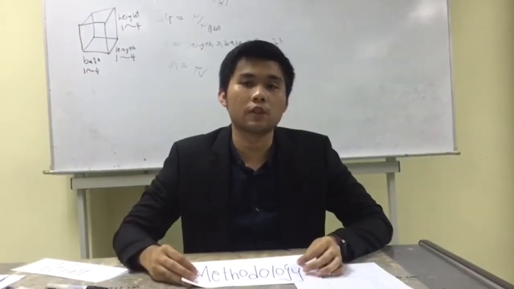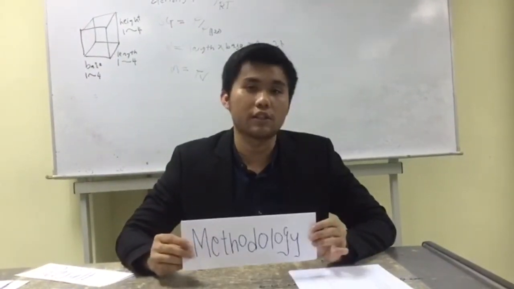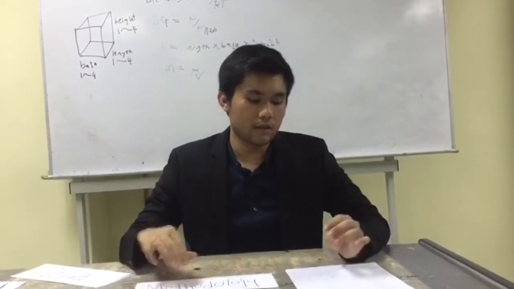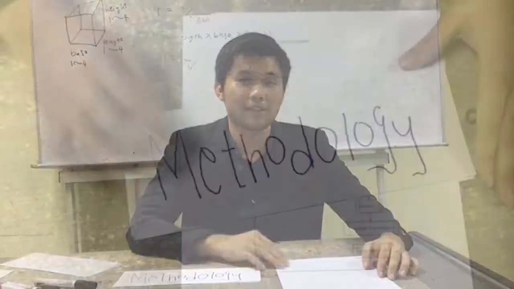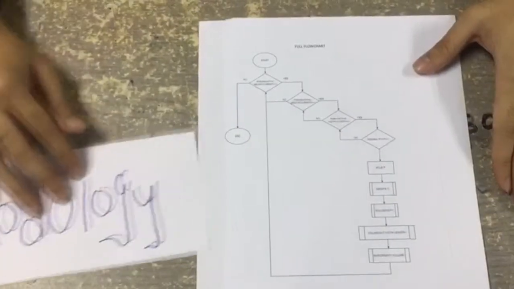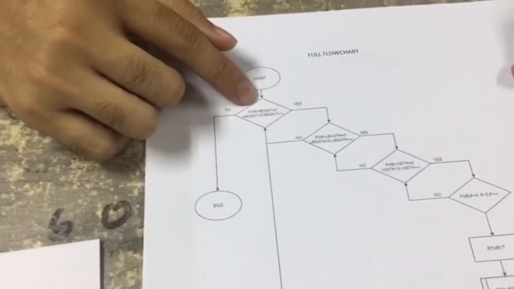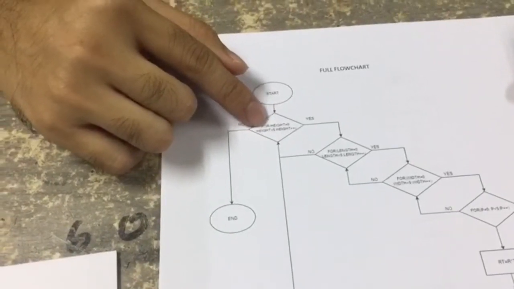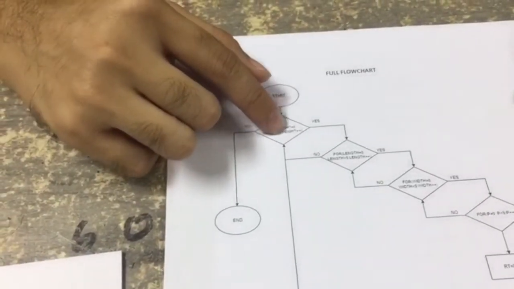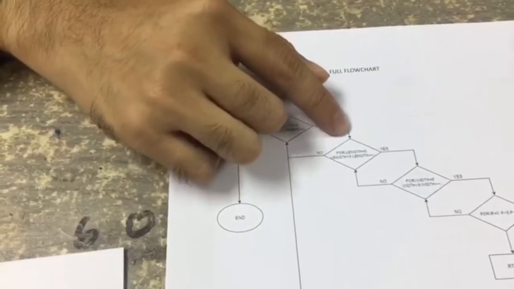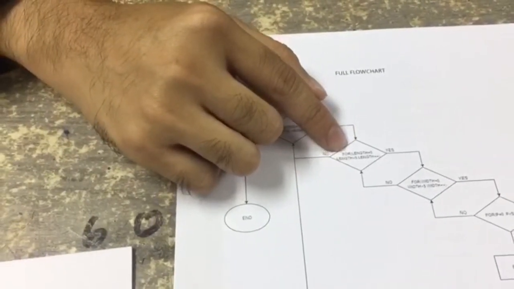Chapter 4 for this project is the methodology. There is a flowchart. The first one is start. Going to this condition, there is height. If height is lower than 5, it goes to yes. Going to the next condition, there is length.